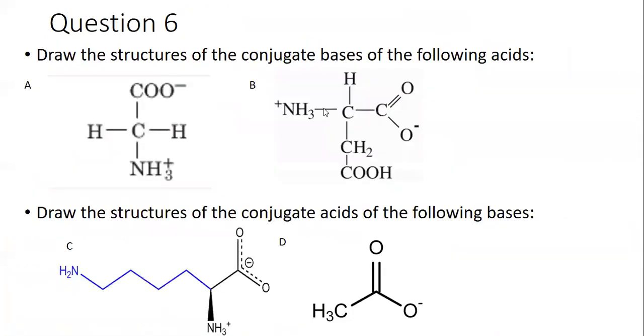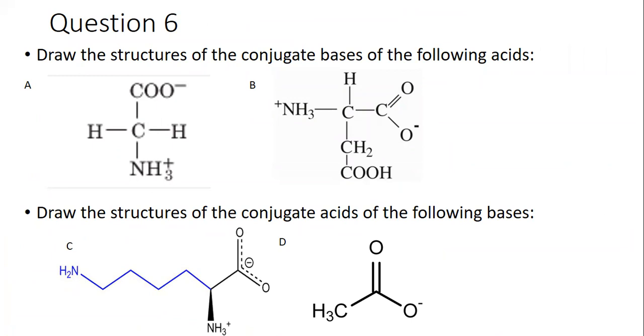And so let's just get comfortable with the idea of acids and conjugate bases. So I just want you to take a minute, and for these structures, A and B, these are acids. I want you to try and come up with what the conjugate base looks like. And for C and D, these are bases.